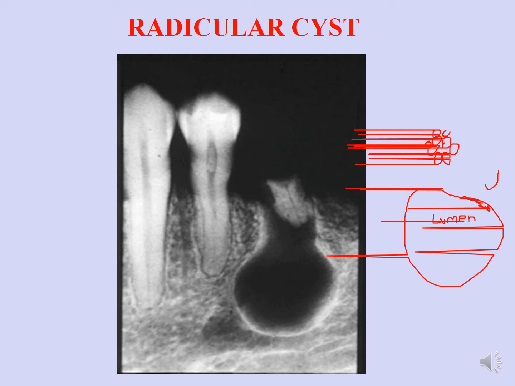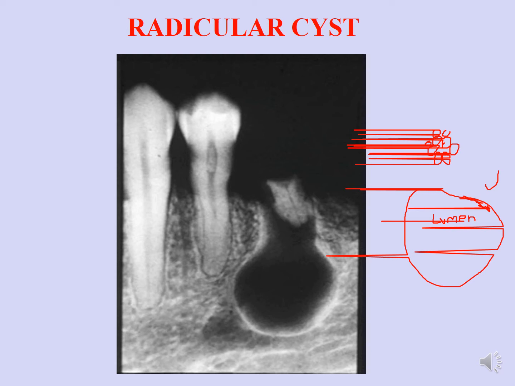One is the increase in osmotic pressure in the lumen because of the increase in cell degeneration, which increases the protein content of the cyst, which in fact causes reverse osmosis, and there is expansion of the cyst taking place because of the pressure effect. The second way the cyst expands is because of the action of matrix metalloproteinase, which helps in the dissolution of the surrounding bony structure and the expansion of the cyst. So, two mechanisms.